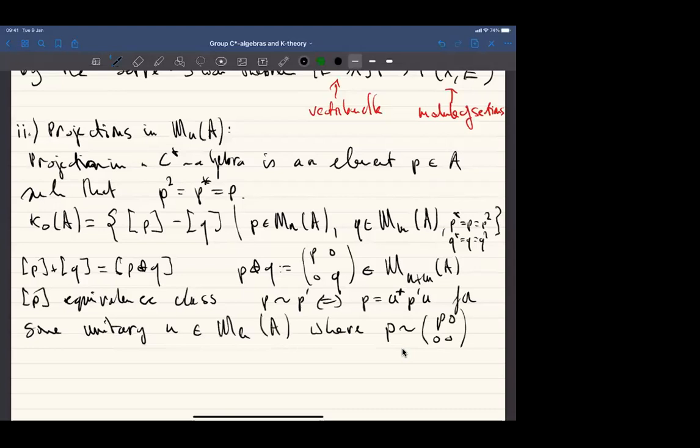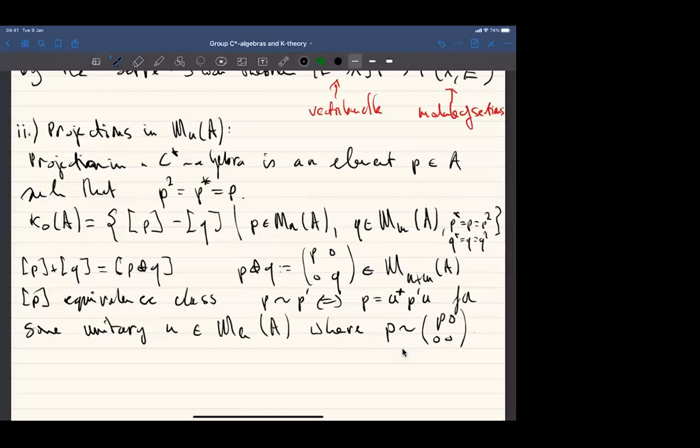If I have a k by k matrix and I just supplement it with zeros to make it an m by m matrix, then that will still be a projection. And in the construction of this K group, we make those equivalent. So the same projection can occur in matrix algebras of different sizes.